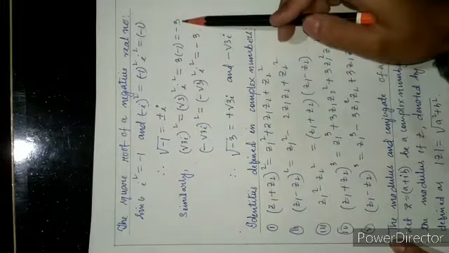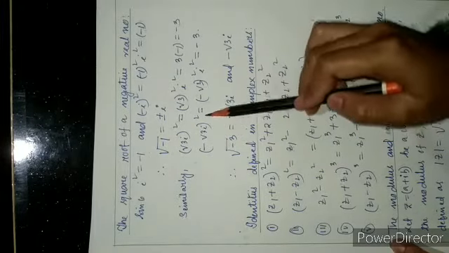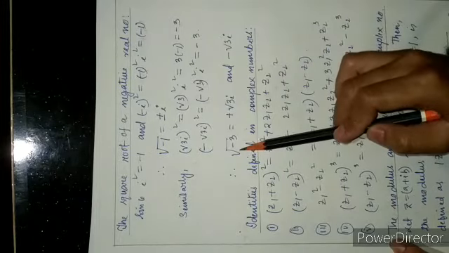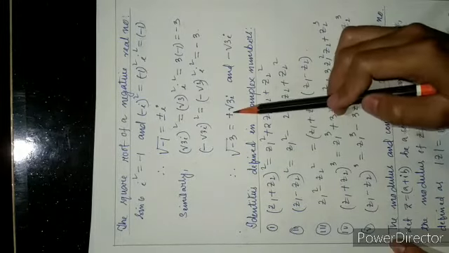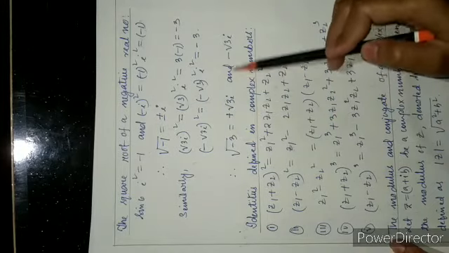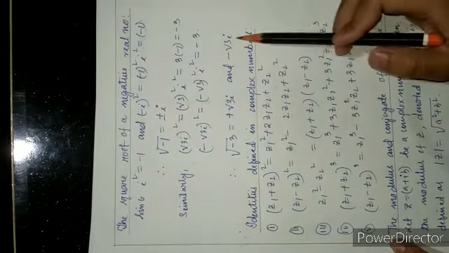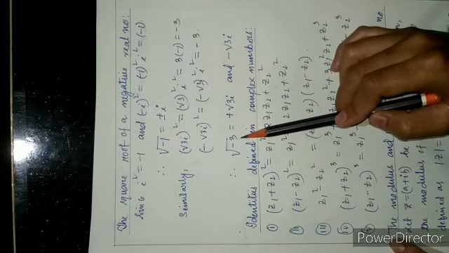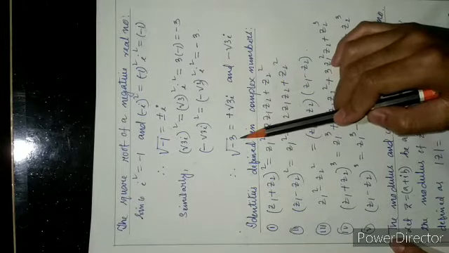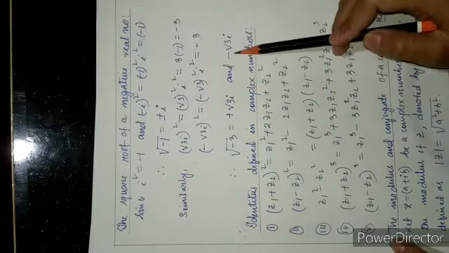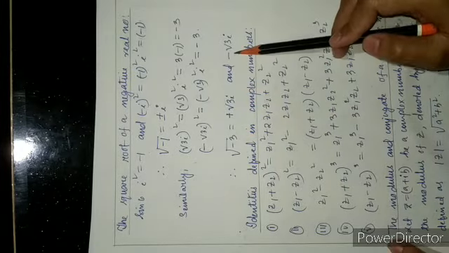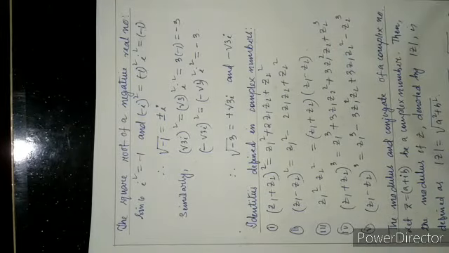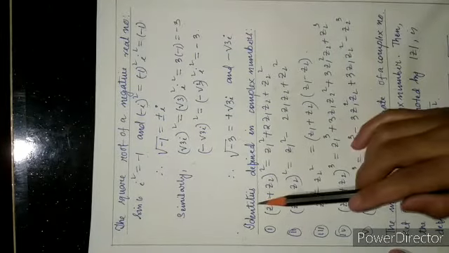Therefore, the square root of minus 3 is plus root over 3 i and minus i root over 3. So for any negative real number, the square root is plus root over 3 i or minus root over 3 i.